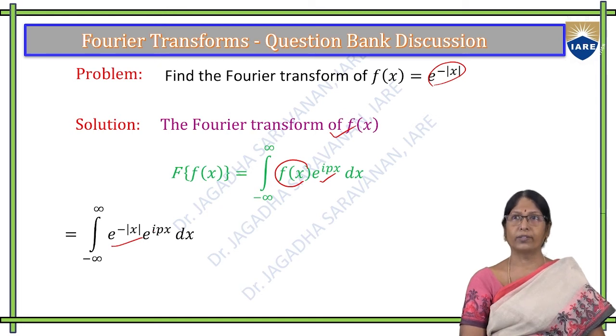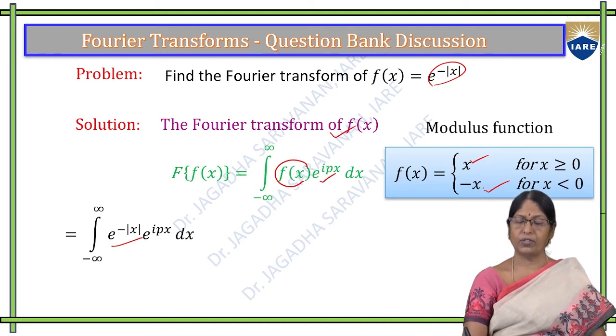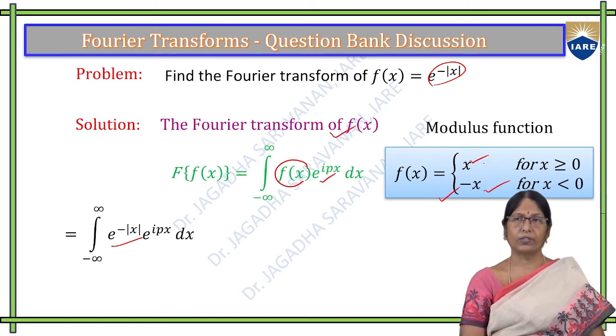But the modulus condition we know: if x is greater than or equal to 0, it is positive x, and if it is less than 0, it is negative x. So we are recalling this modulus function, and Bloom's taxonomy first level is satisfied here.